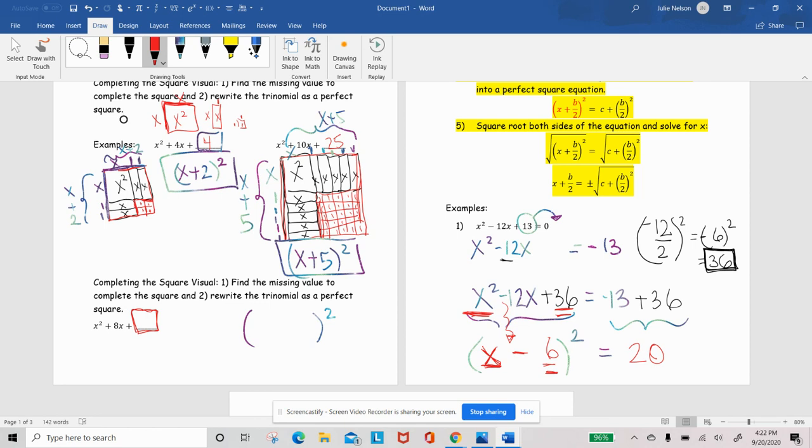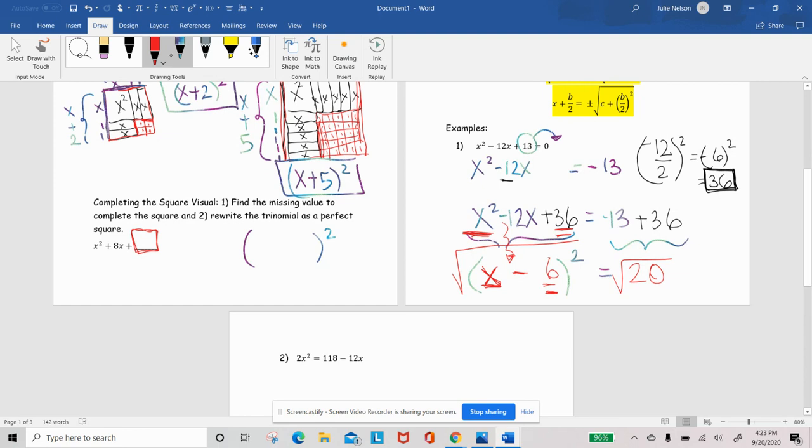Last step, I want to square root both sides because you are solving for x, so you're trying to get inside that parentheses squared. If I square root the left, I have to square root the right. When I do that, the square root and the square cross out.